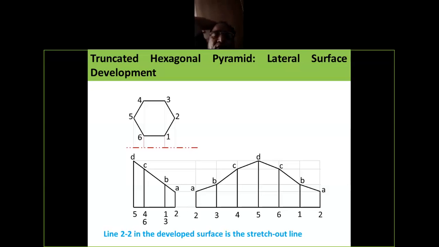So if the hexagonal pyramid is cut in this figure, then the development is done by this process.